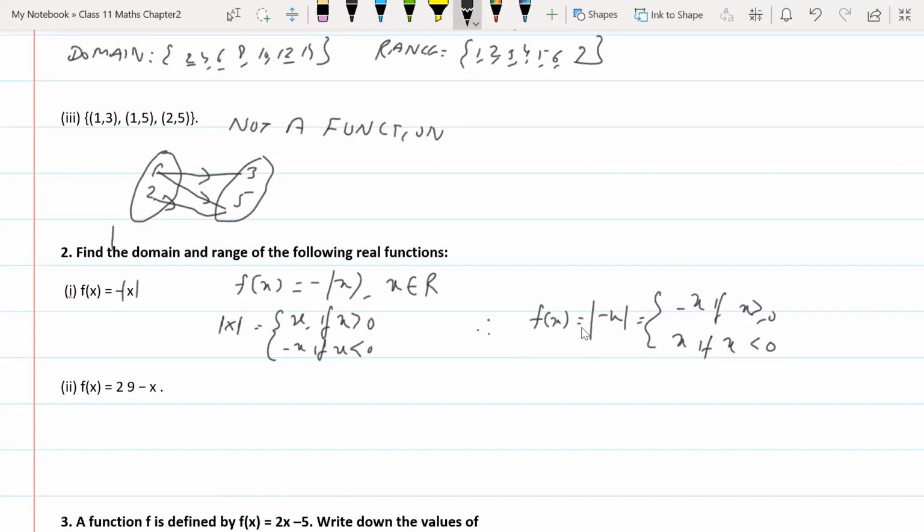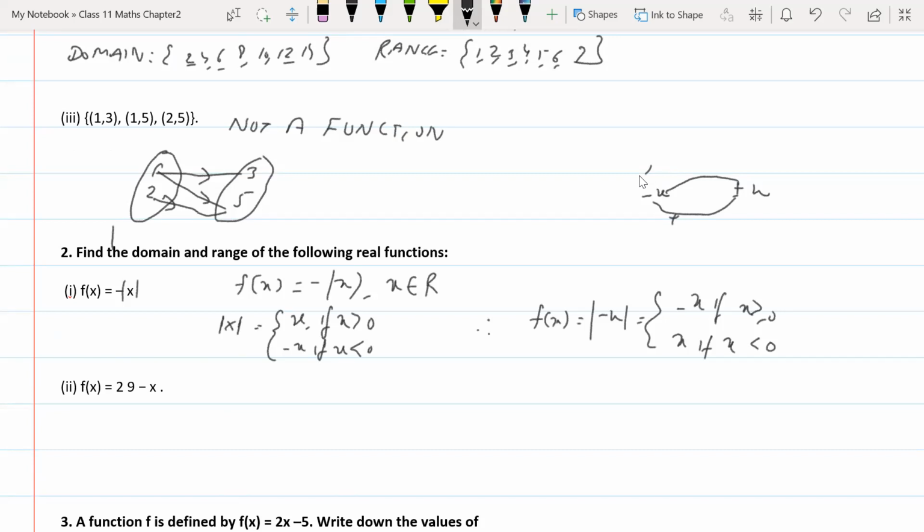Because the minus sign is outside the function, it is the reverse of this.